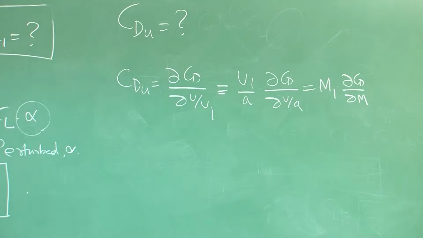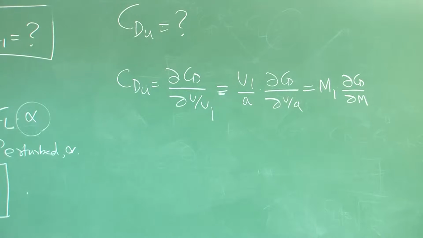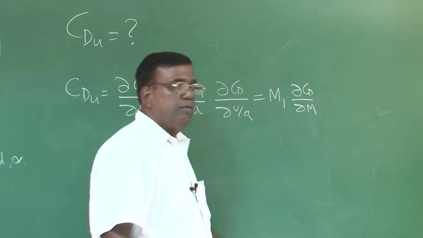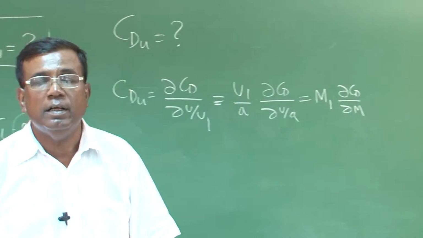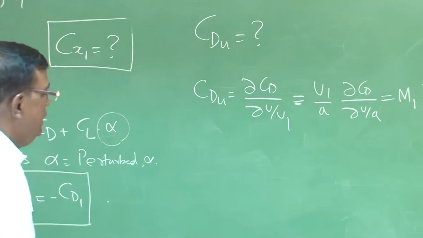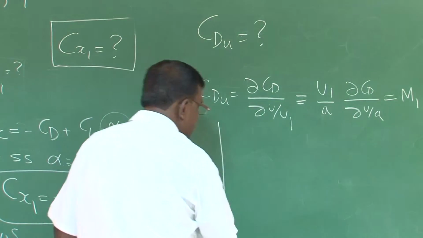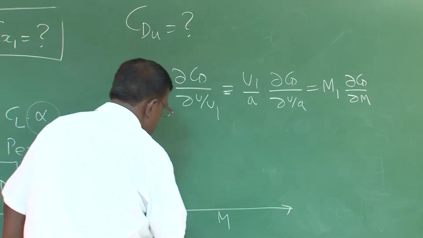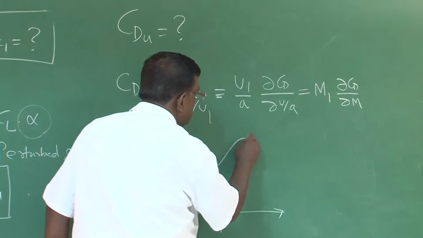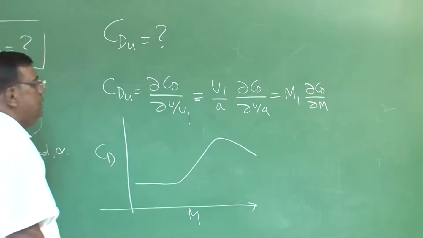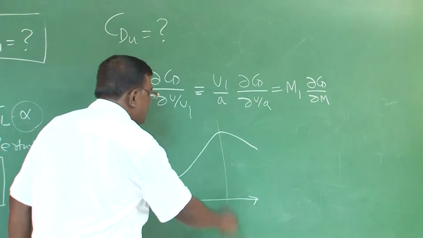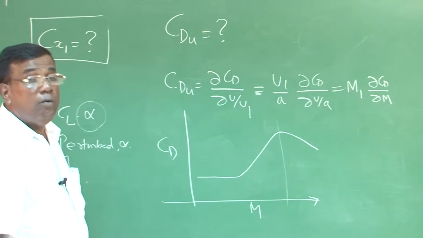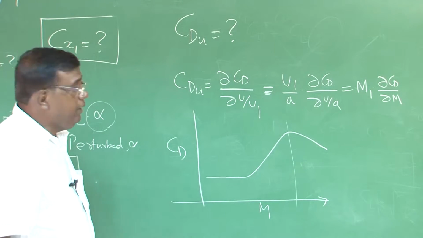Now you see a very interesting phenomenon. The CDU is immediately giving us a very significant understanding. If you recall, CD versus Mach number for an aircraft looks something like this. Typically, this is a transonic zone, maybe 0.98 to 1.1 or 1.2, depending upon the configuration.